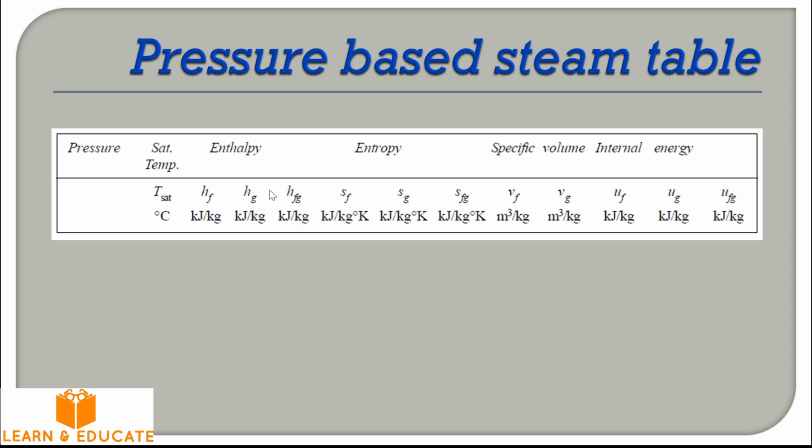So for a given saturation pressure and temperature, or for a given pressure and saturation temperature, you can find out all these values like enthalpy, entropy, specific volume, internal energy from these tables. So you should carefully look into the table for the corresponding pressure values if you are using a pressure based steam table. Then similarly you can get entropy. Similarly sf, sg and sfg are given, and the units will always be represented on the top of the table.